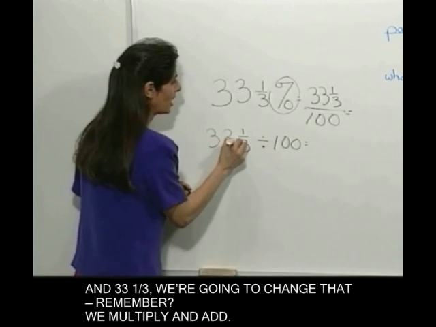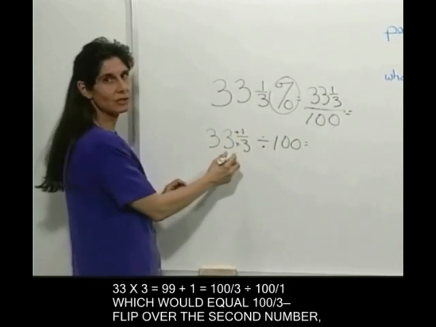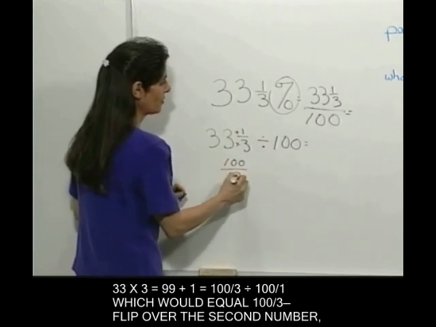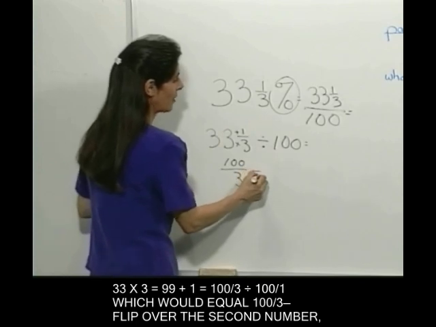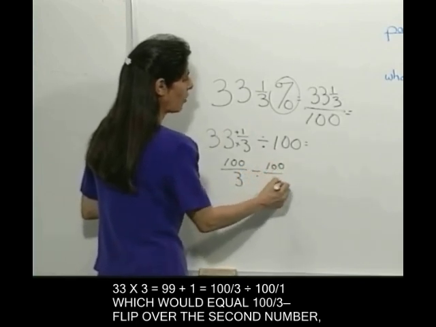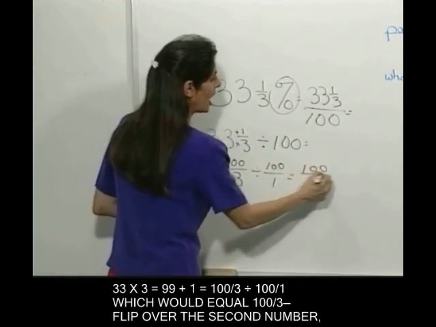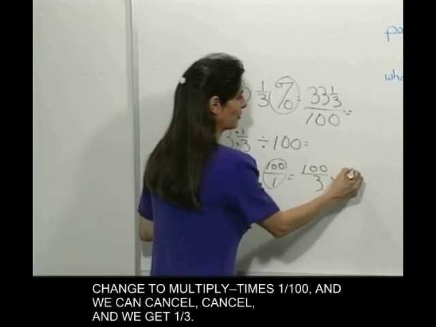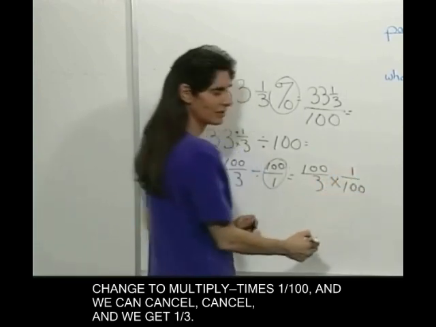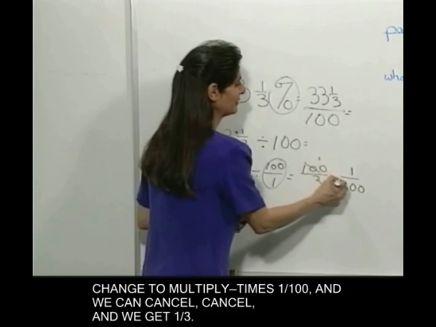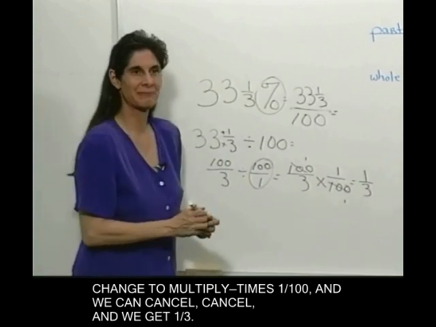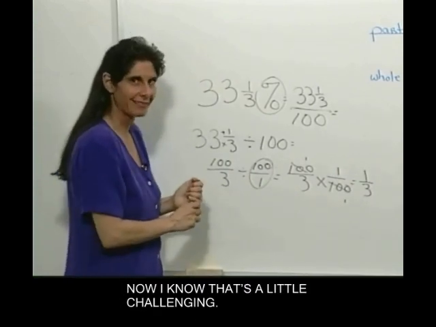Remember, we multiply and add. 33 times 3 is 99, plus 1 is 100 thirds, divided by 100 over 1. Flip over the second number, change to multiply, times 1 over 100, and we could cancel, and we get 1/3. Now, I know that's a little challenging.